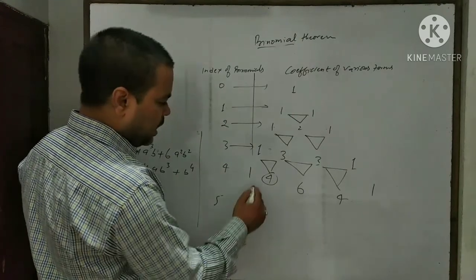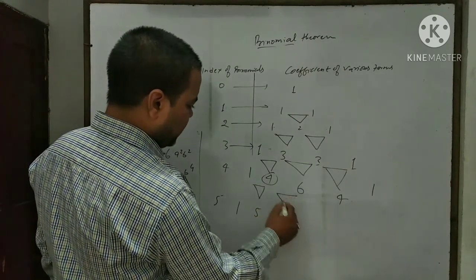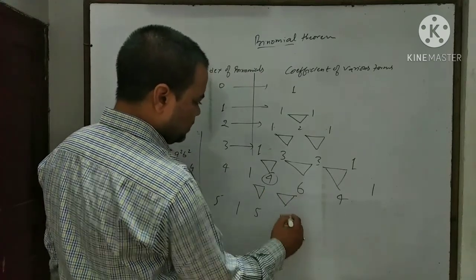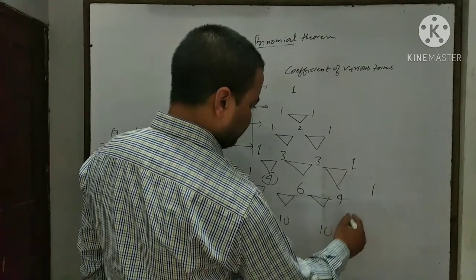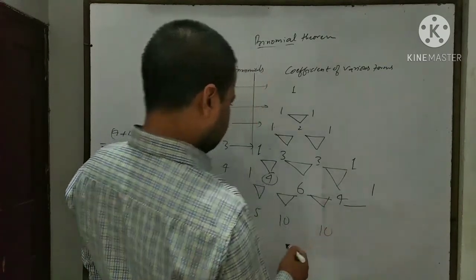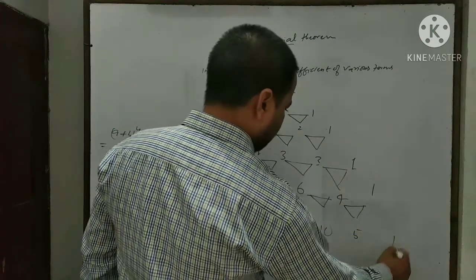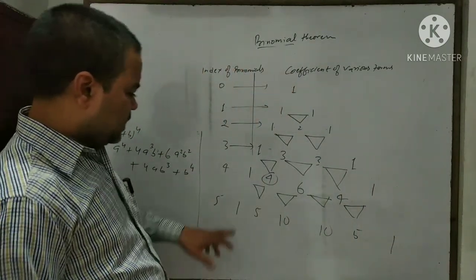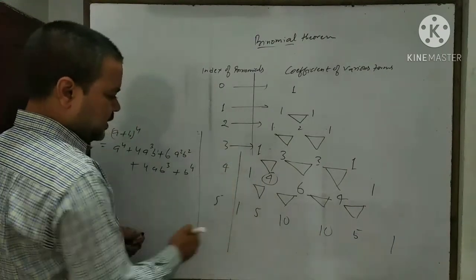Here 1, and again we add: 4 and 1 will be 5, 6 plus 4 will be 10, again 6 plus 4 will be 10, then 4 and 1 will be 5, and again 1.